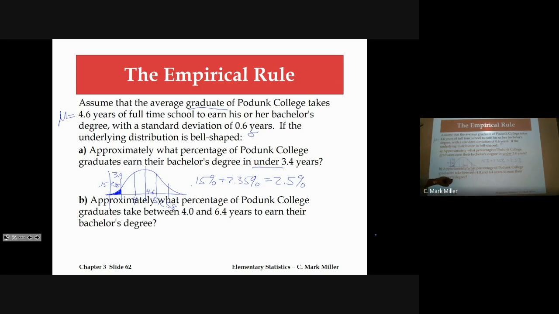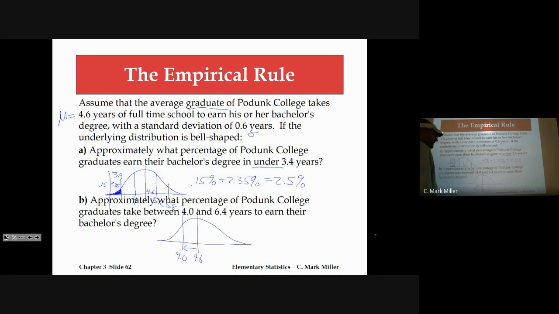B, approximately what percentage of Podunk College graduates take between 4 and 6.4 years to earn their degree? So let's make a little chart. 4 and 6.4. So this is 4.6. All right, 4 is down here, 1 standard deviation down, right? 6.4.